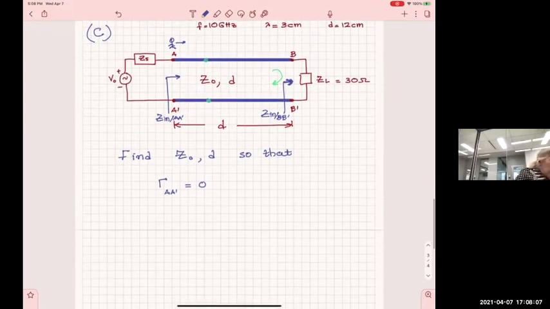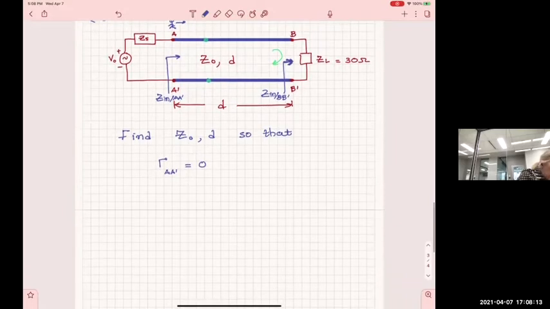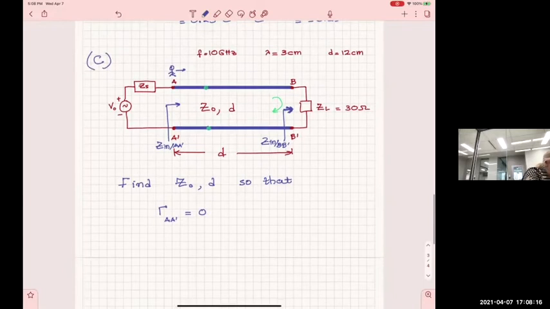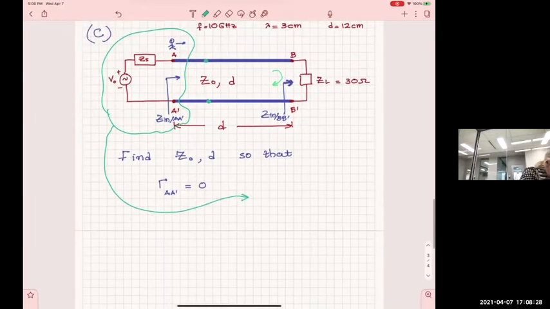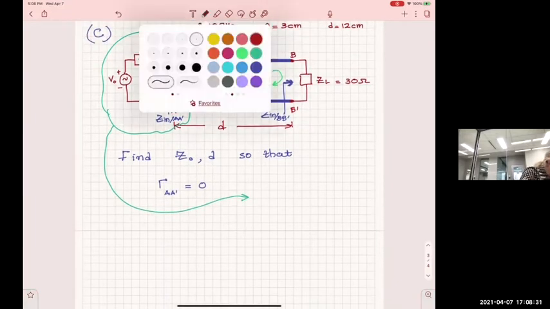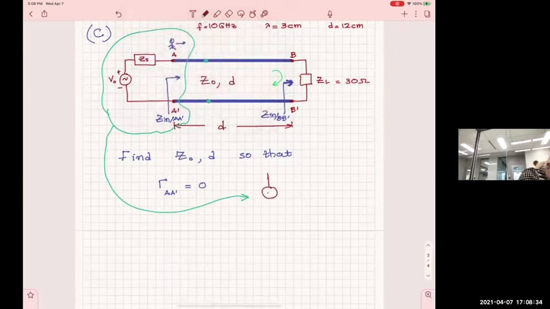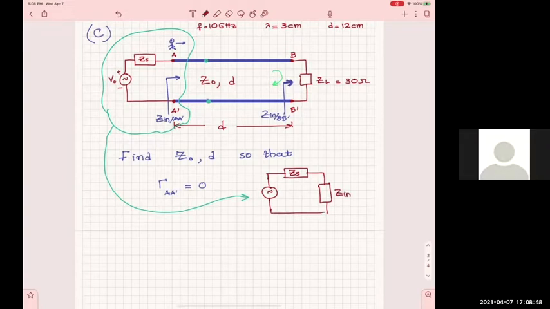That means that as I am here on the side of the source, this part of my circuit is going to look like a source, then ZS, then here the equivalent Z in.